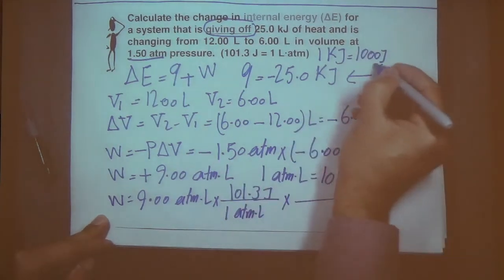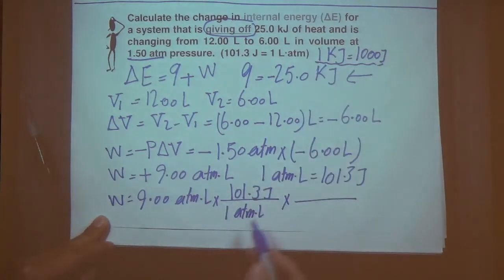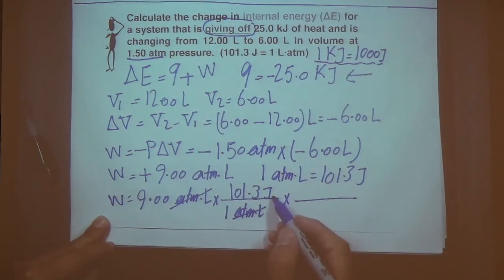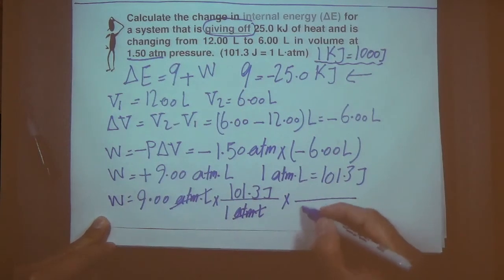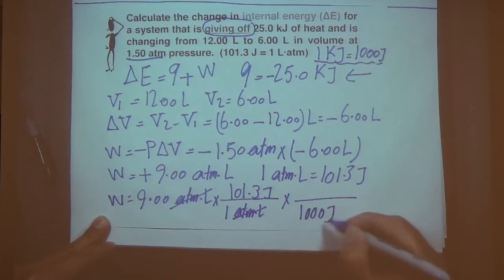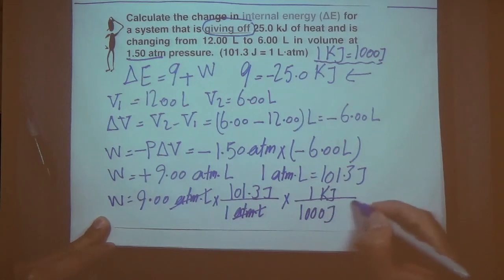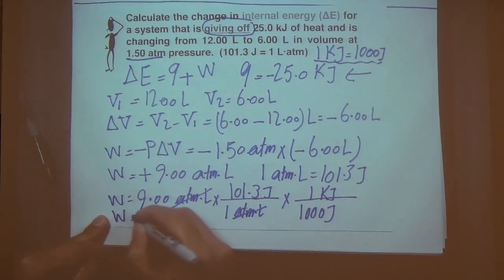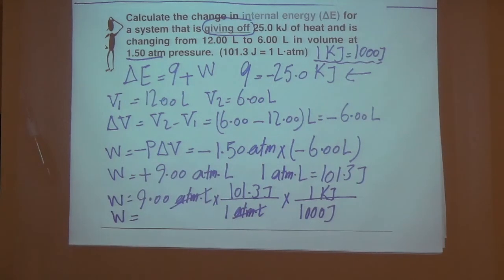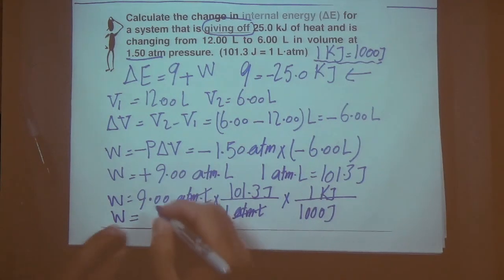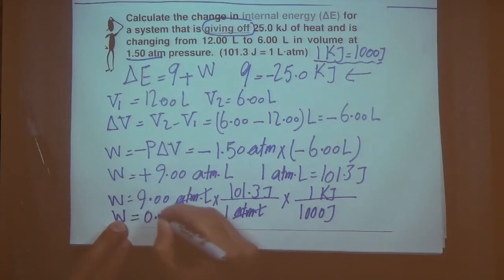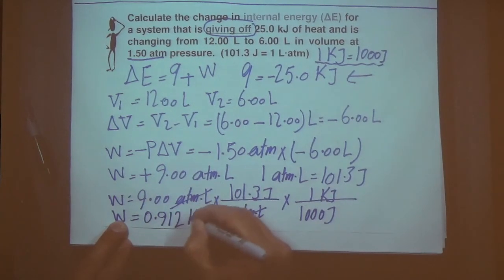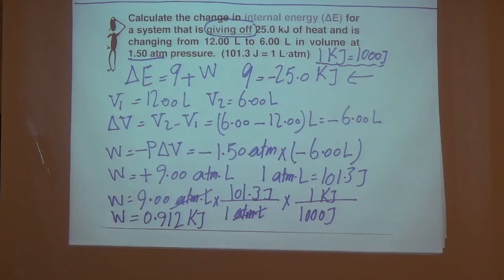So I will use this conversion factor, 1,000 joule equal to 1 kilojoule. Work will be equal to 9 multiplied by 101.3 divided by 1,000. This is equal to 0.912 kilojoule.